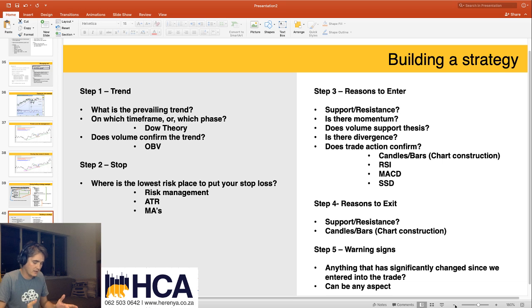If we're looking at a daily chart, a 1 hour chart, a 15-minute chart, how do we determine what the trend is on each one of those time frames? And also in what phase does each one of those time frames fall? Because sometimes the daily trend is up, but the hourly trend is down, but the 15-minute trend is up, right? And that could be the three different phases of a trend, just represented by different time frames, correct?